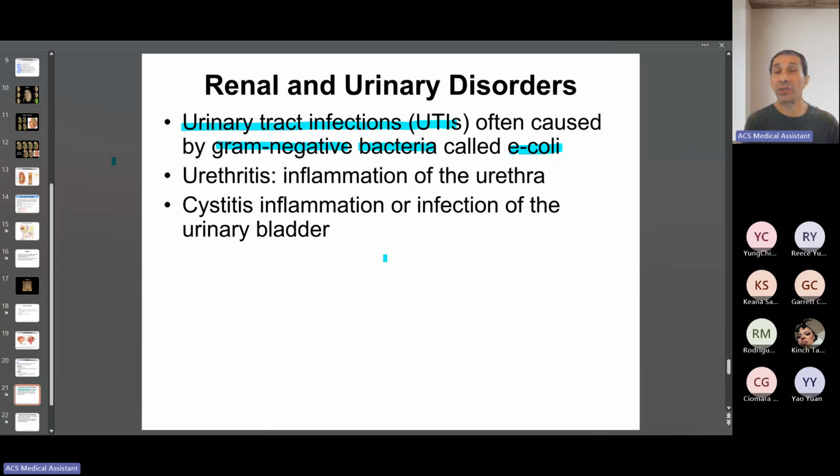That is a different issue. But in general, 98% of the time, it protects us. Gram-negative, 100% of the time, causes us damage, infection.